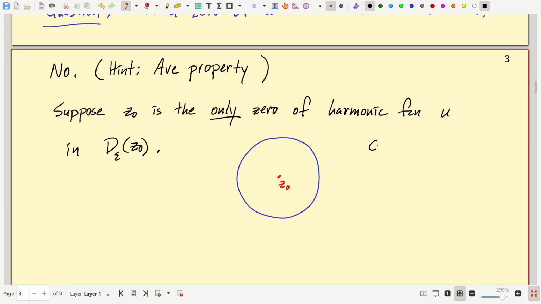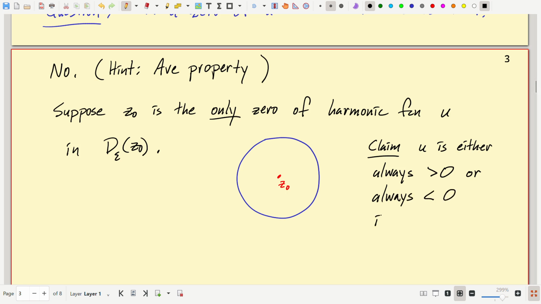So my claim: u is either always greater than 0, or always less than 0, when I puncture the disk. That would be the disk of radius epsilon about z naught, minus the center spot.